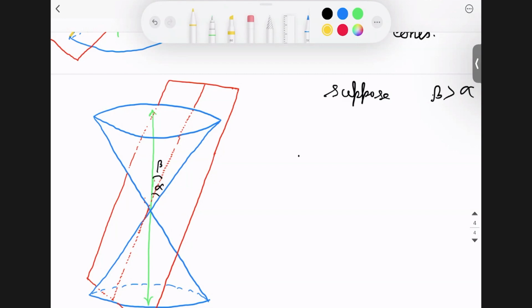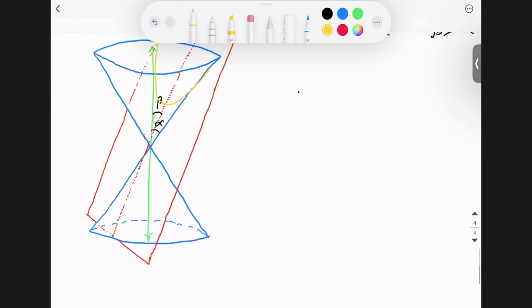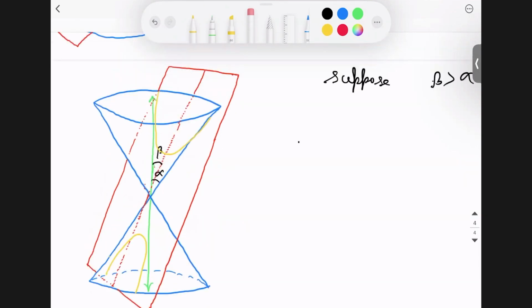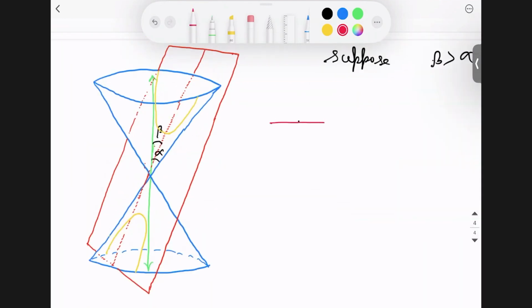Okay, so here you will get something like this. By addition, this will be like this only one, and another will be like this. So if we see from the top of the figure on the plane, it will look like this.